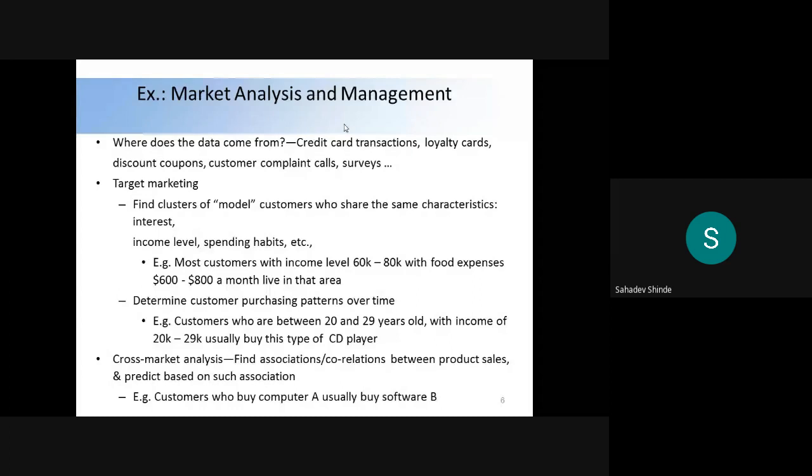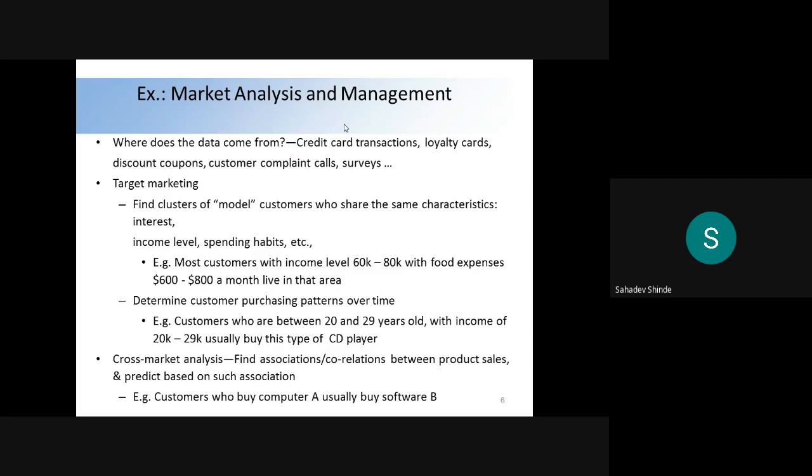These are the sources for the actual data, from where the data is going to be generated: credit card transactions, loyalty cards, discount coupons, customer complaint calls, and surveys here.